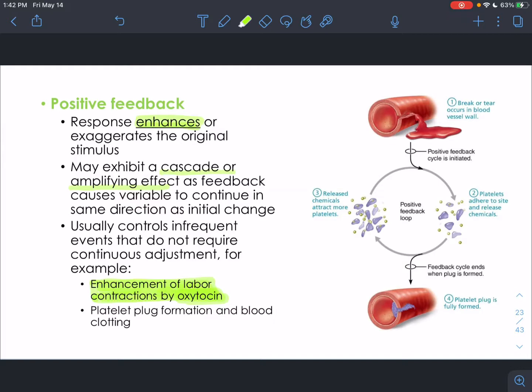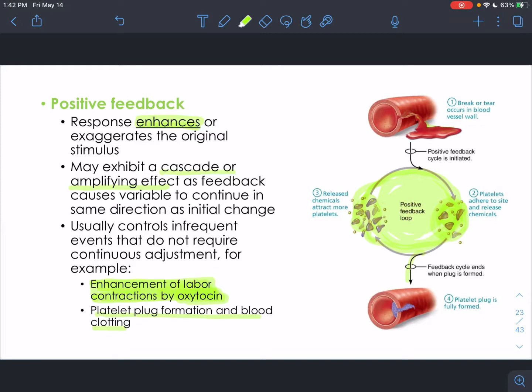So that's positive feedback. Another one, platelet plug formation and blood clotting. We have platelets adhering and releasing chemicals, we have a blood leak. Blood's leaking out. These platelets are going to release chemicals, right? Which is going to attract more platelets, which is going to release more chemicals, which is going to attract more platelets, which is going to release more chemicals, and more platelets and chemicals are going to come until you have a platelet plug and you're plugged up.